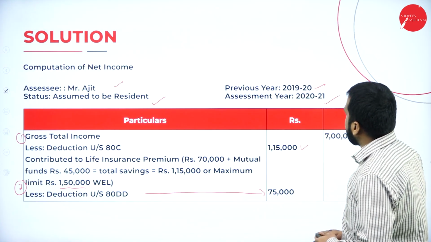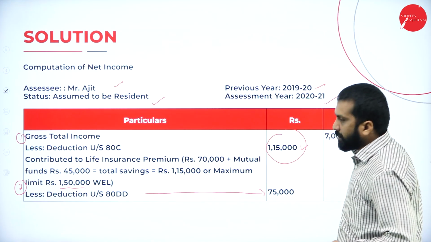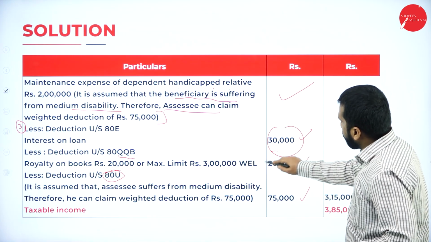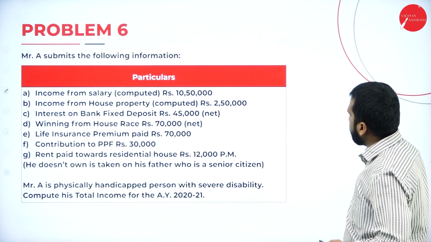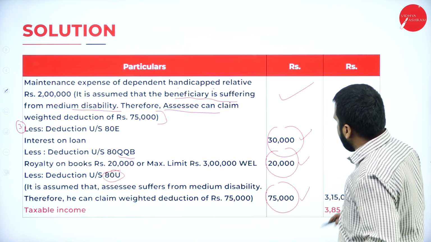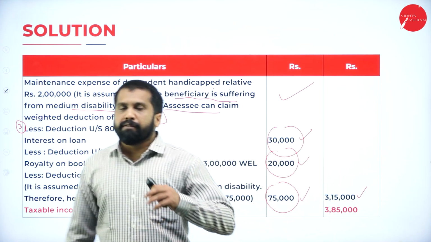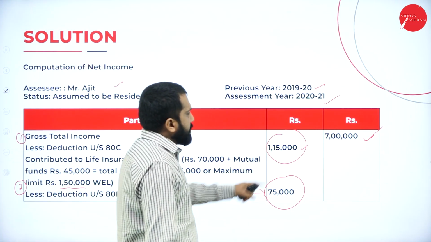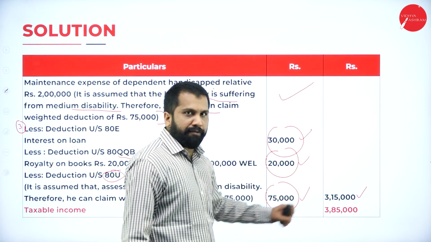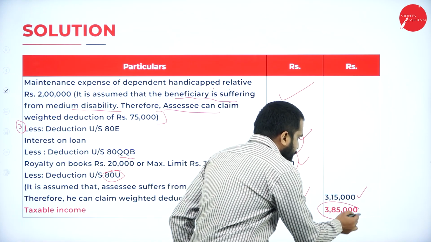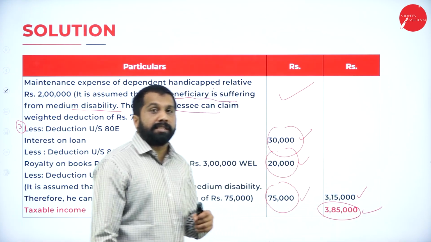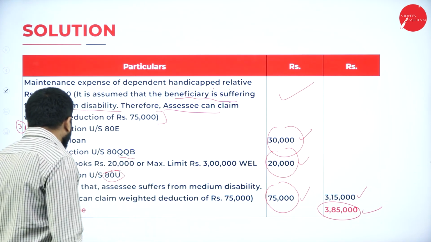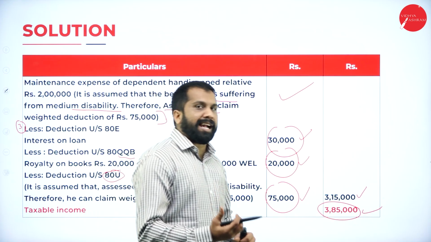Now we'll minus all the deduction. 1,15,000, 75,000, 30,000, 20,000, 75,000. Add everything, you will get 3,15,000. From your gross total income minus everything, finally 7 lakh minus 3,15,000, your answer is 3,85,000. This is what? Taxable amount. Nothing but your taxable income. What is taxable income?